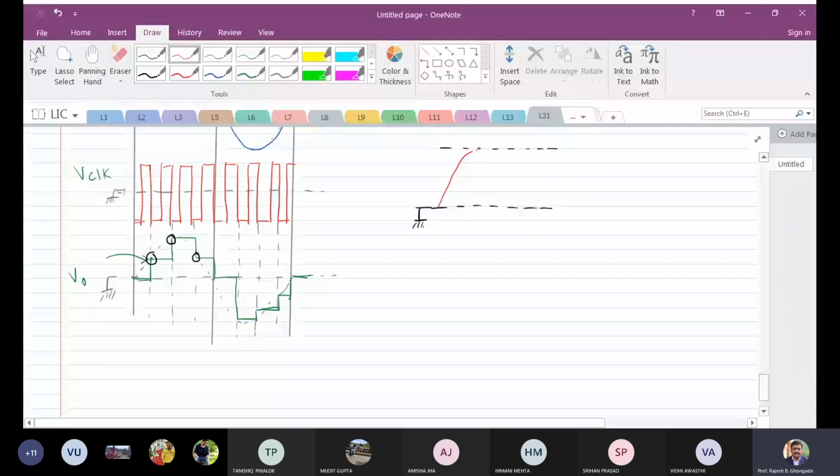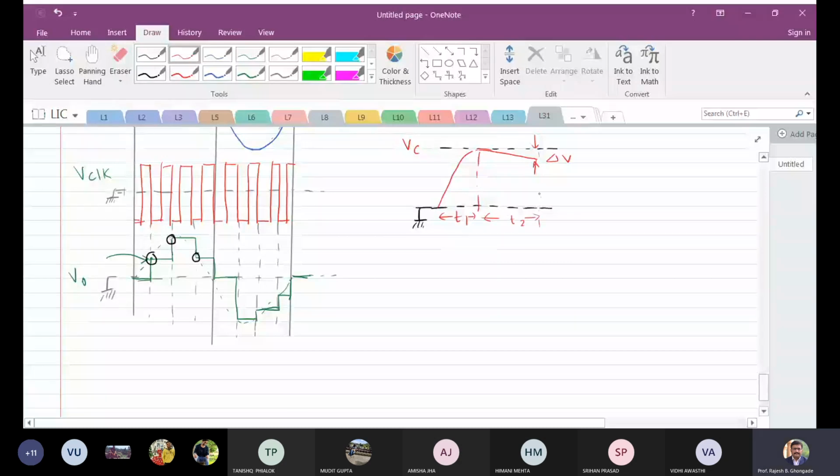This value may decay a little bit like this. Ideally it is expected to be a straight line till the next pulse arrives. So this is the voltage across the capacitor, and this basically is the change in the capacitor voltage, delta V. This is your T1 and this is T2, if I measure it up to this.